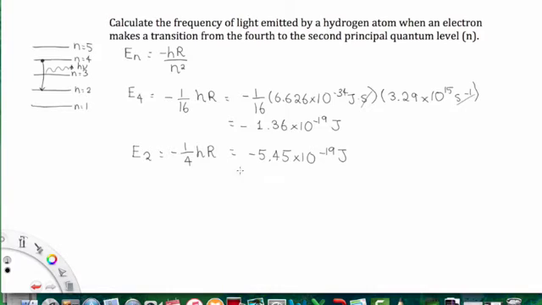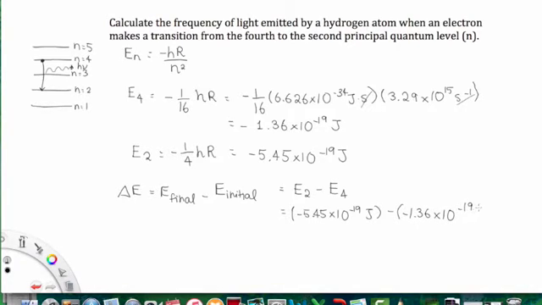So the change in energy for the electron we can now calculate: delta E is E final minus E initial, which is E2 minus E4, right? Since this is the final quantum level and this is the initial one. And so we just plug the values in as negative 5.45 times 10 to the power of negative 19 joules minus negative 1.36 times 10 to the power of negative 19 joules.